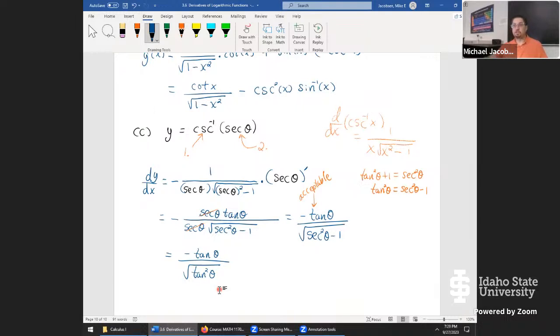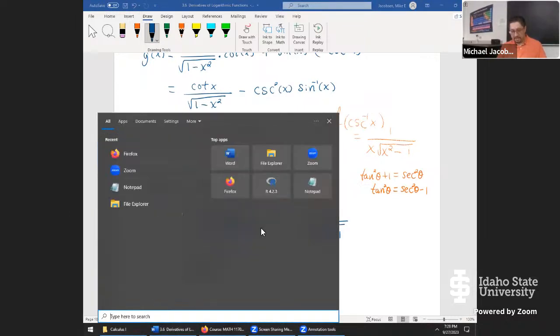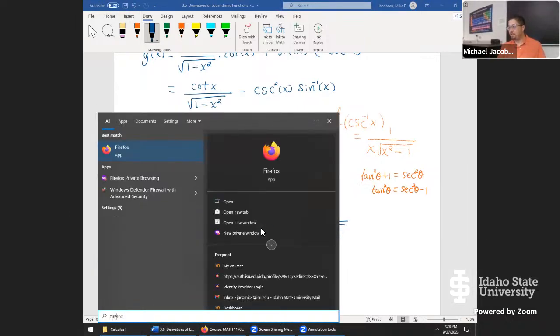Maybe let's take a look at Desmos just to start us off, to get a feel for this.